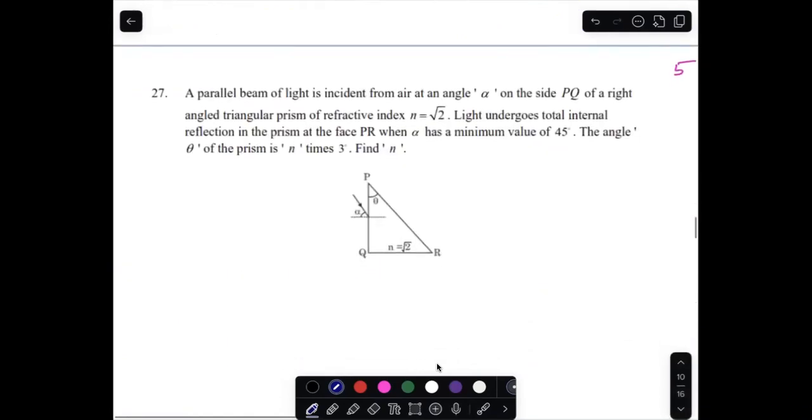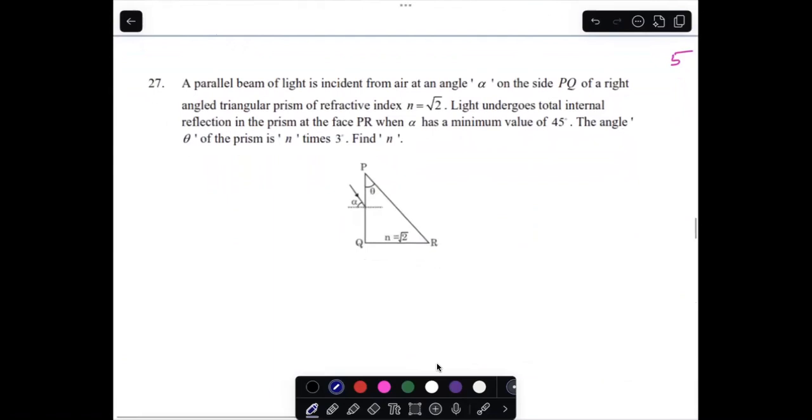Next, 27. A parallel beam of light is incident from air at an angle of alpha on the side PQ of a right angled triangular prism whose refractive index is √2. Light undergoes total internal reflection in the prism at the face PR when alpha has a minimum value of 45 degrees.